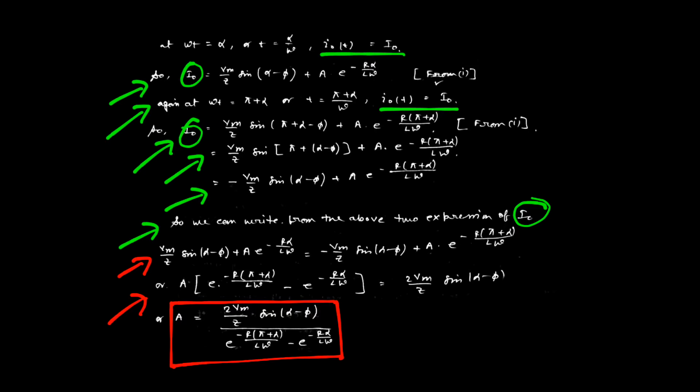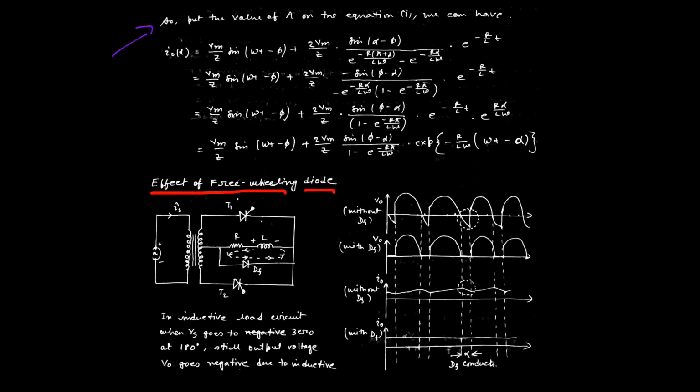Now, by putting the value of this particular A term, as we discussed previously, and by satisfying equation 1, we can have the actual expression: I0(t) equal to Vm by Z sin(omega t minus alpha) plus 2Vm by Z into sin(alpha minus phi) divided by [e to the power minus R into (pi plus alpha) by L omega minus e to the power minus R alpha by L omega], into e to the power minus R by L t.